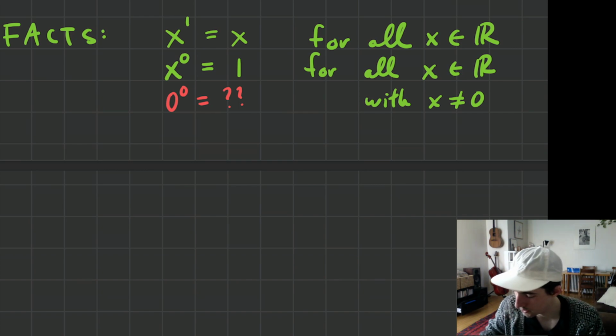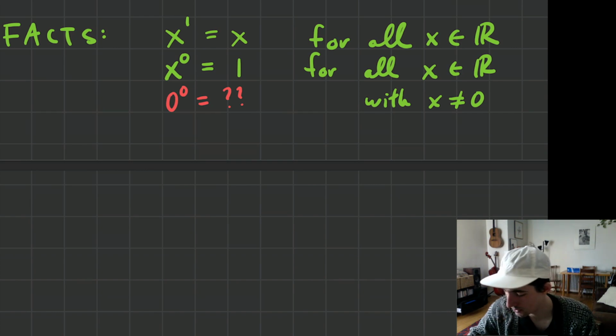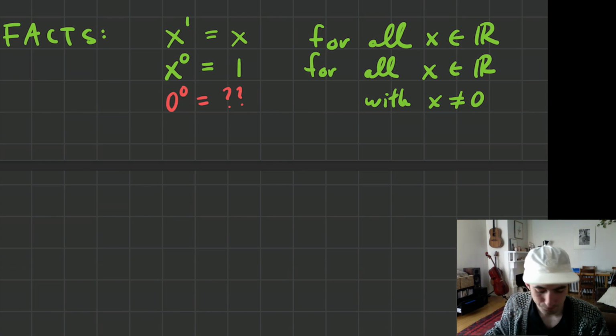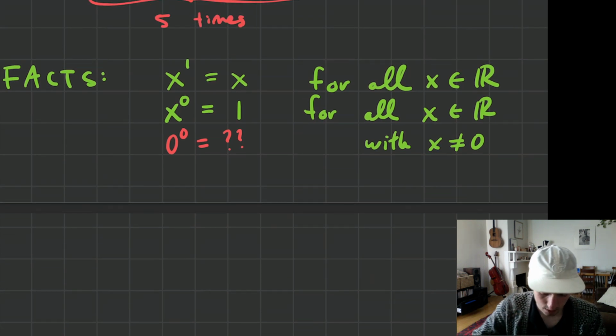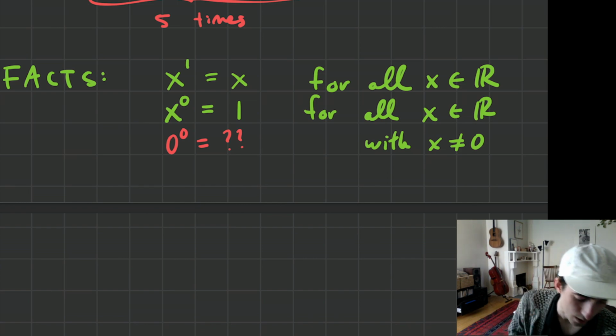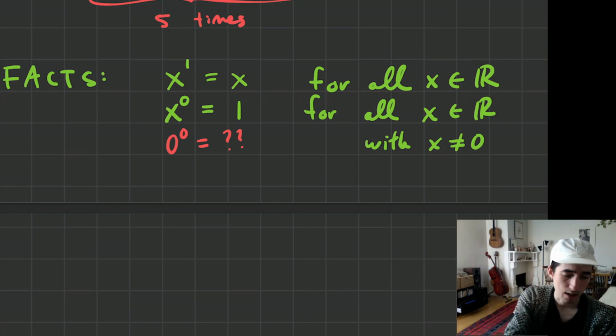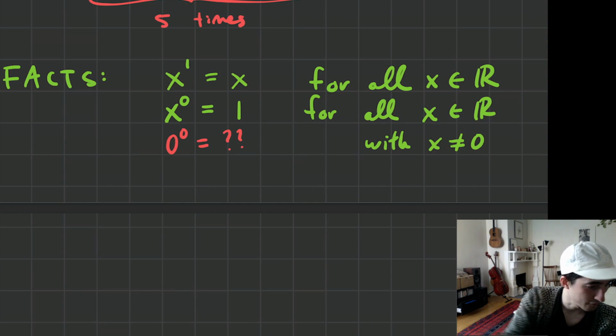That's one of the major topics in calculus, is how to look at 0 to the power of 0. So we're not going to look at 0 to the power of 0 today, but we will look at x to the power of 0 equaling 1. So those are the facts that we need going forward.